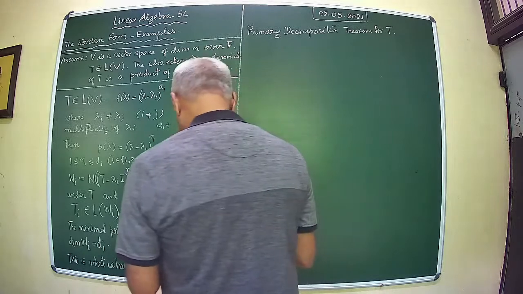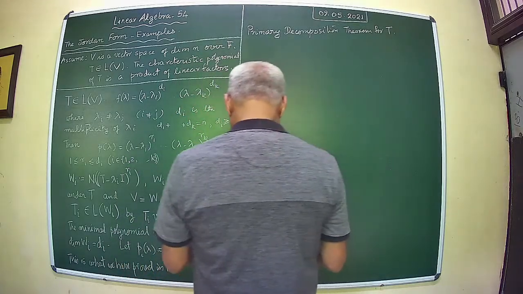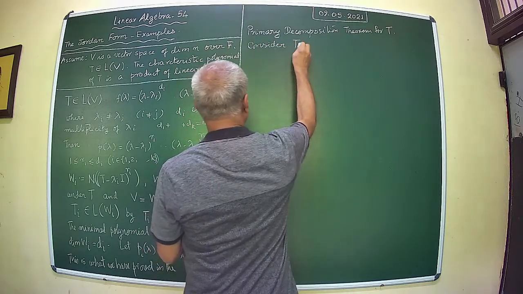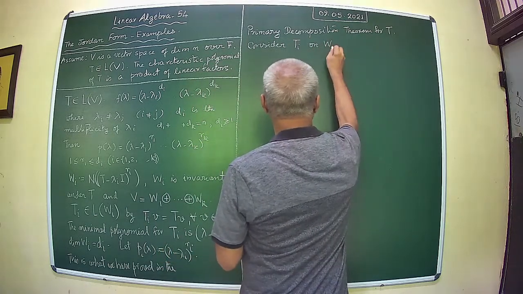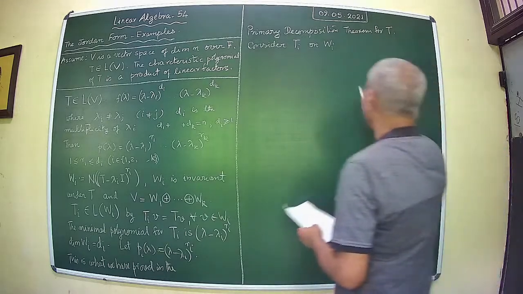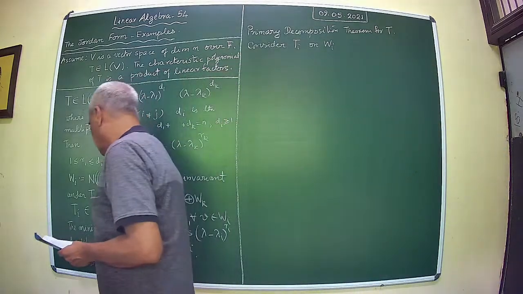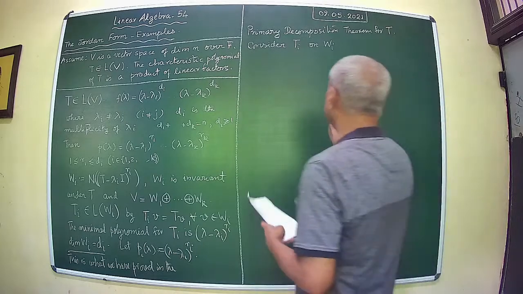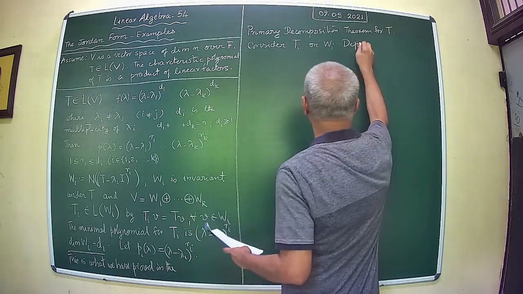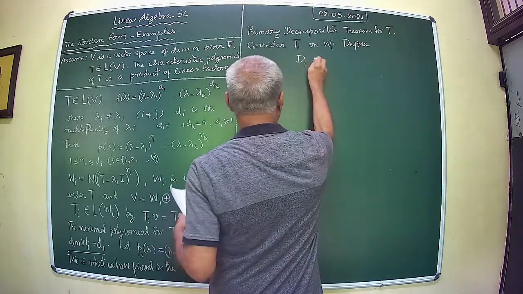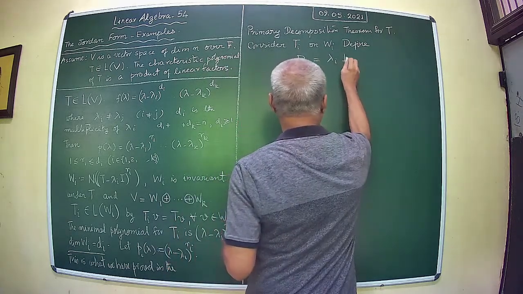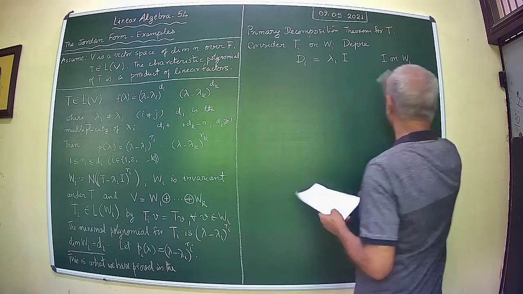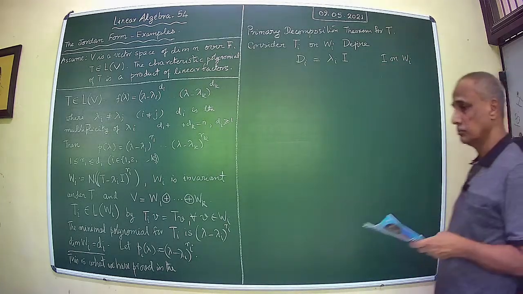So what one does is this. Now consider Ti on Wi, where the dimension of Wi is di. Therefore we define lambda i times the identity operator on Wi. It is a diagonal operator.